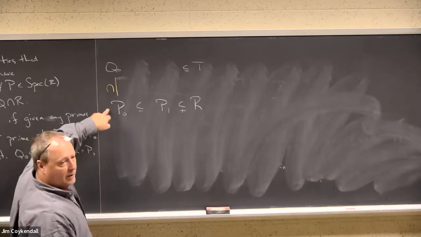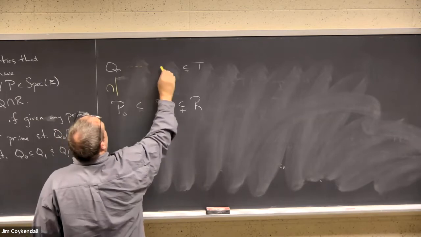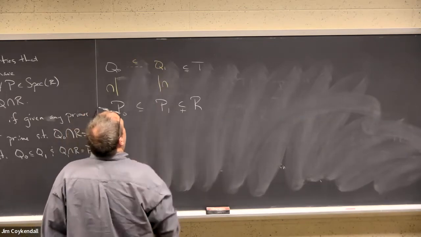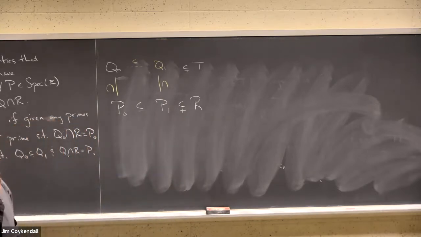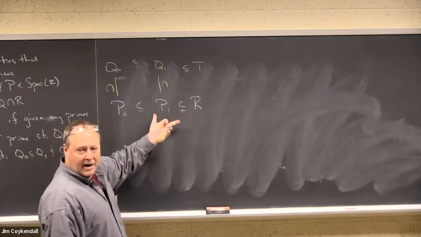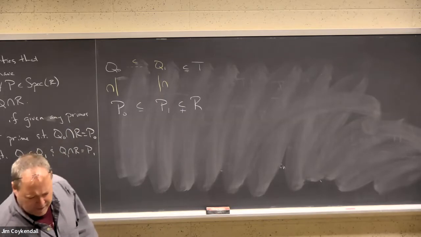So the intersect is down to R with this. Then you can go up to a prime Q1. It contracts to P1. So you see, having the ladder below allows you to climb up above. That's what going up is.